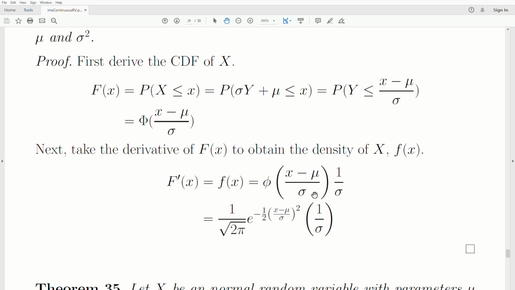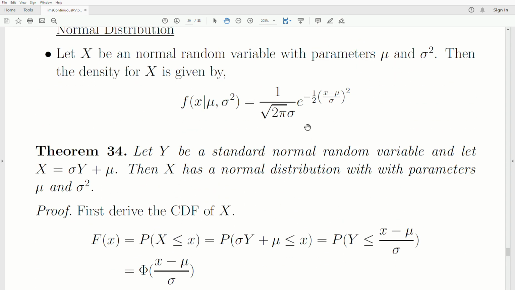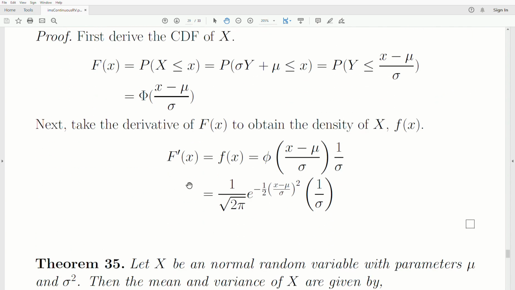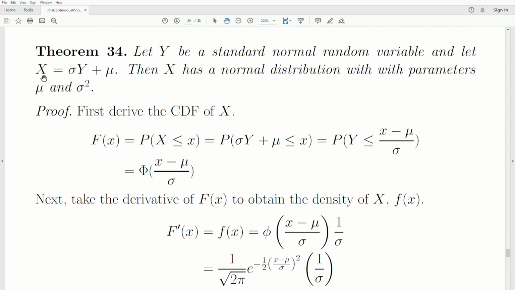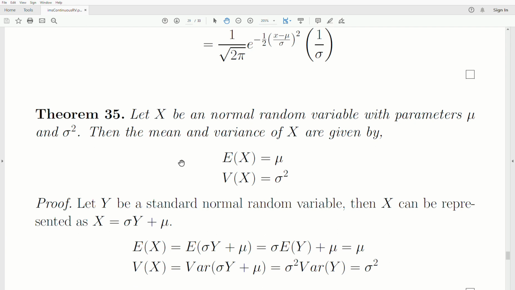Now let's plug this value in for the standard normal density, squared. This is the normal density that we defined up here. So we've proved that defining x as sigma y plus mu has a normal distribution.